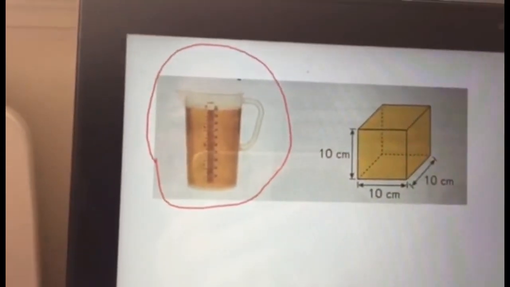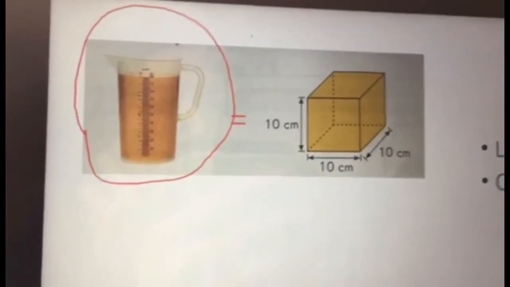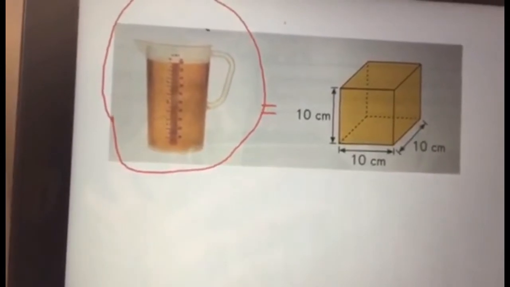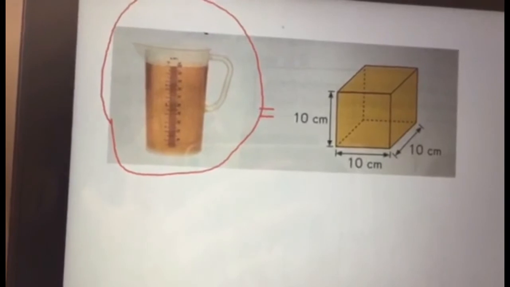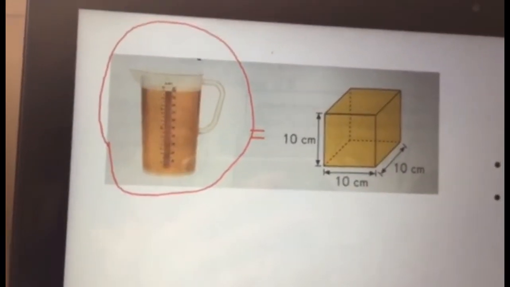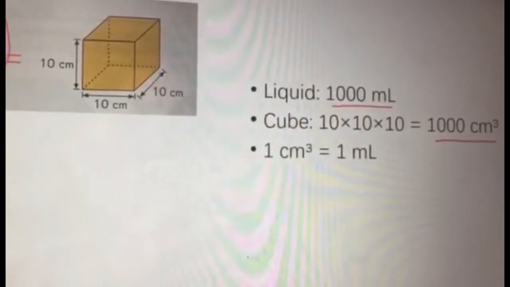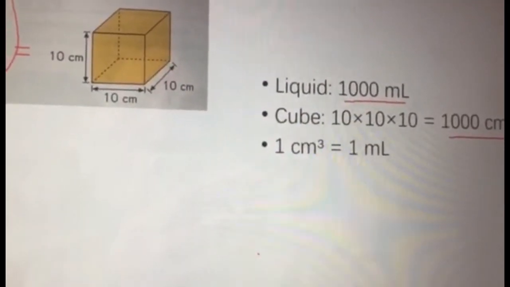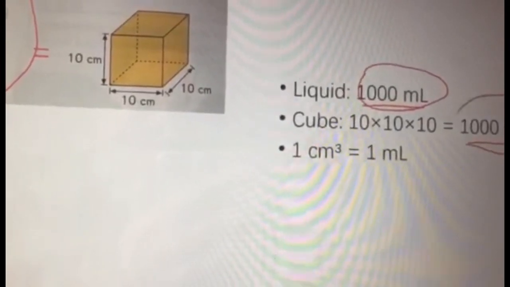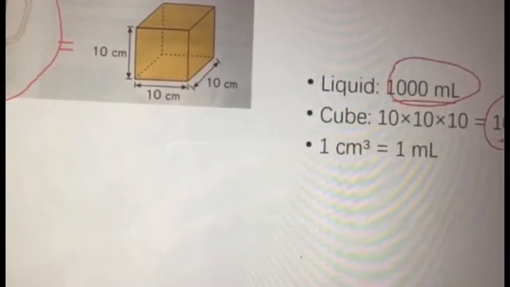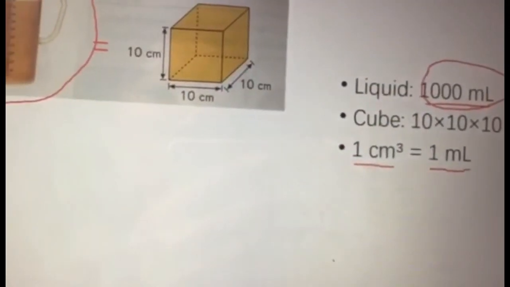I can't pour it, but they say they have proved that if they pour the liquid into the cube, it fills the cube perfectly. So that means 1,000 milliliters equals 1,000 cubic centimeters, which is also 1 cubic centimeter equals 1 milliliter.